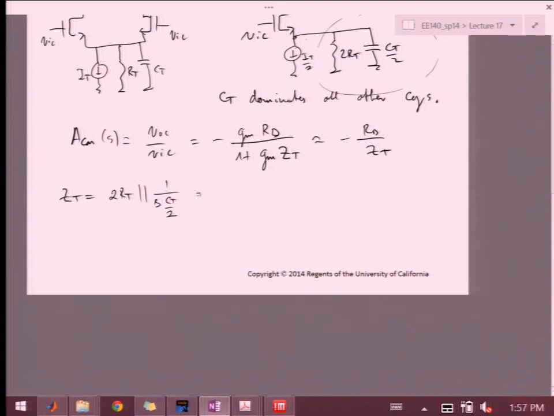Right, so this will be 2RT over 1 plus S CTRT. So if I plug this back over here, then ACM is approximately going to be minus RL over 2RT, and then we have this term.